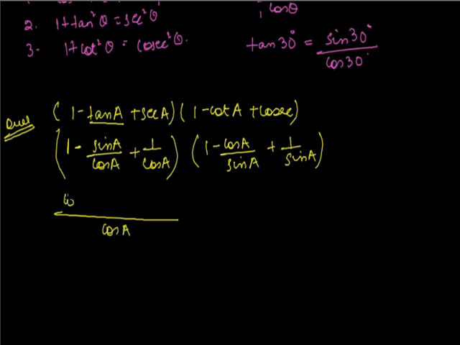Cos A here becomes cos A minus sin A plus 1.